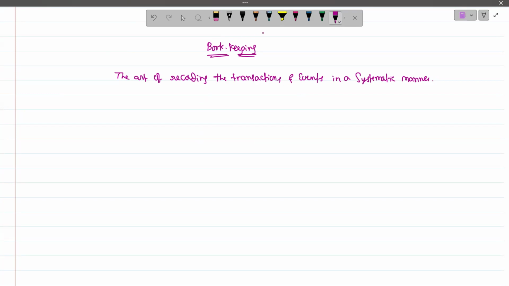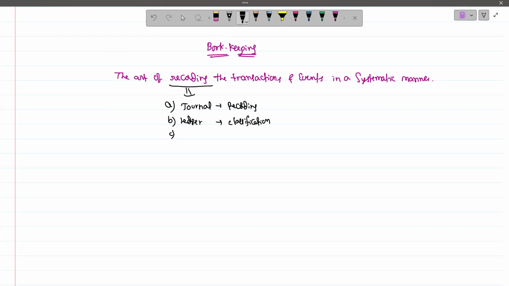Here the recording generally includes two stages. One is the journal and another one is the ledger. Journal is covered under the recording stage of accounting, and ledger is covered under classification.